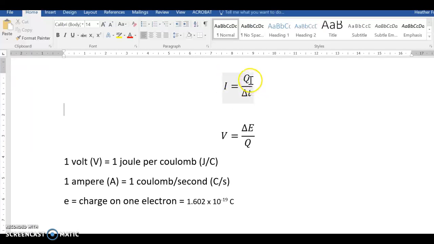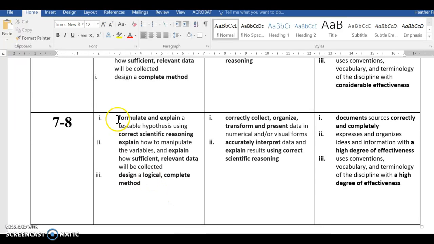So rearrange this equation to solve for Q, and then use that to get rid of the Q over here. You should be able to figure out the formula that involves both V and I. So we can justify our reasoning mathematically.